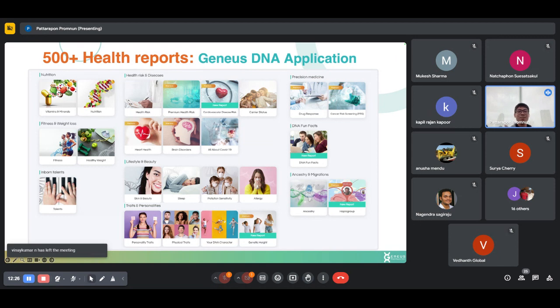Actually, I will show you in the application. I did not count. A lot. So many. And these are some examples of the reports in the application, like vitamins, nutrition, health and disease, drug response. Let's see one by one.